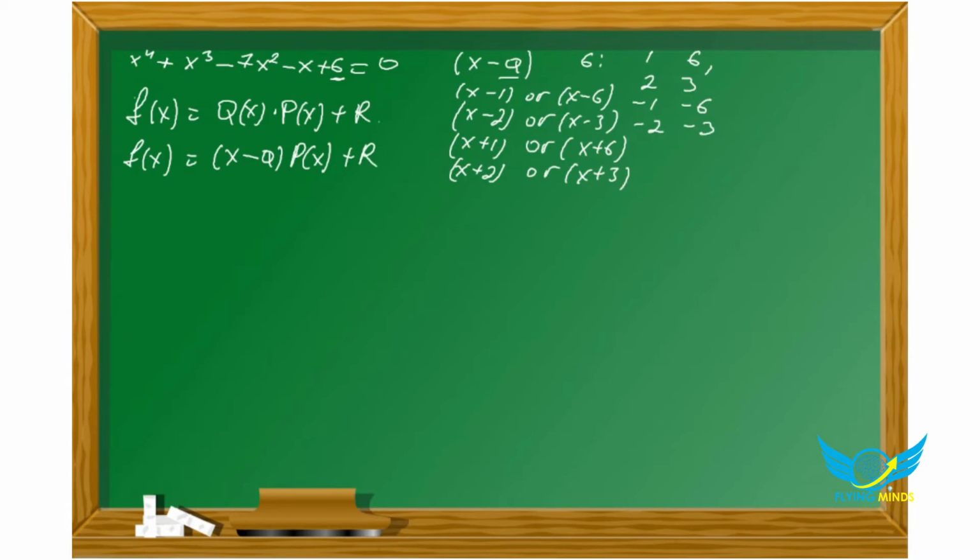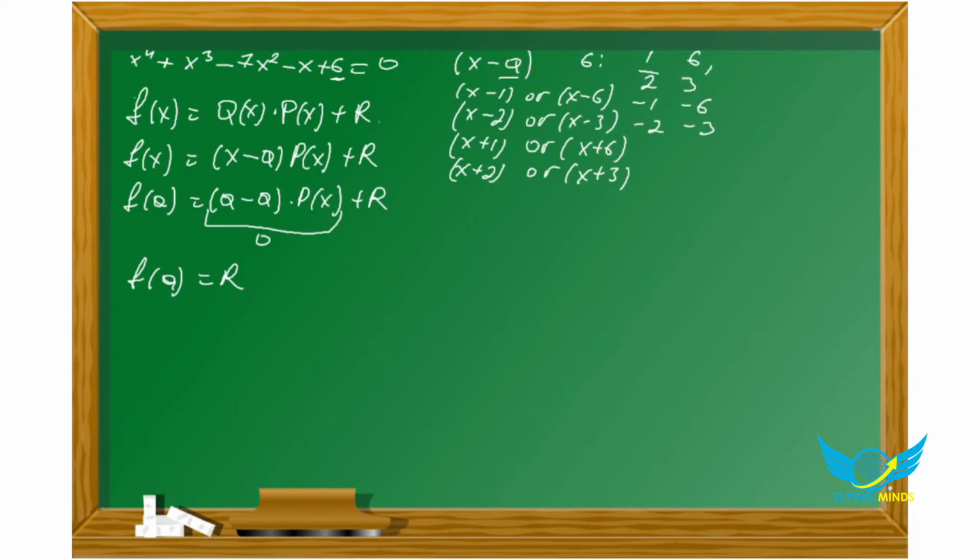So if we substitute a into this equation, we get a minus a times p(x) plus remainder. This term becomes 0, and we get that f(a) equals r. So if we substitute one of these numbers, 1, 6, 2, 3, -1, -6, -2, or -3 into this polynomial, we're supposed to get the remainder.